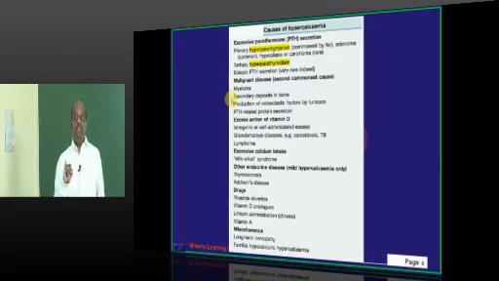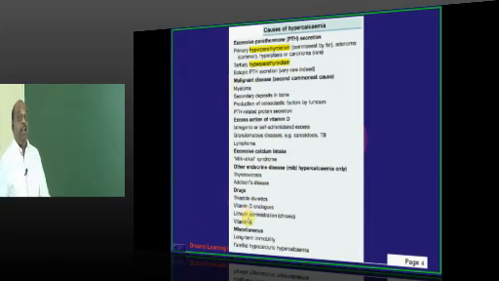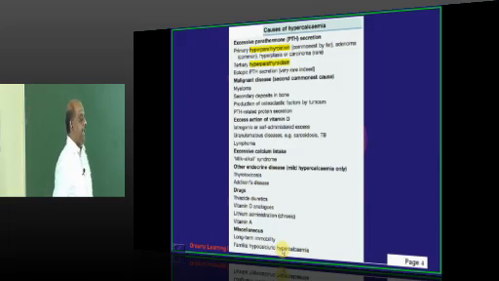Then Addison's disease and thyrotoxicosis. There are two endocrine conditions which can lead to development of hypercalcemia. Then drugs leading to hypercalcemia, a favorite question of the examiner. So thiazides, vitamin D analogues, lithium, vitamin A, any of them can lead to the development of hypercalcemia. And any long-term immobility.